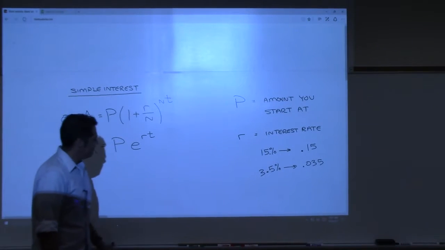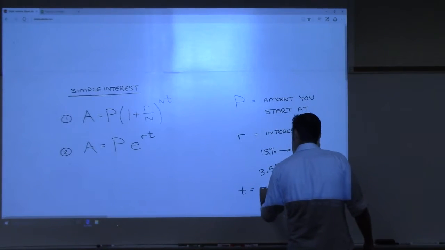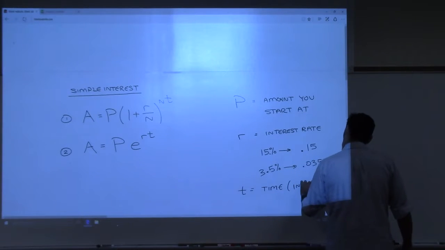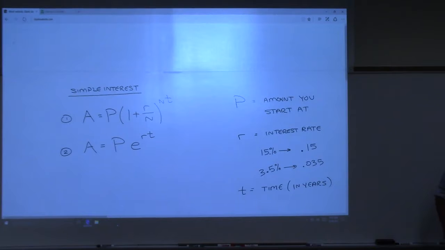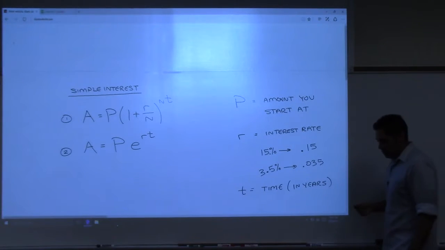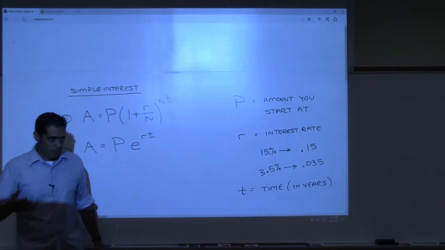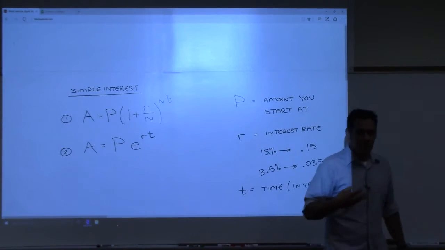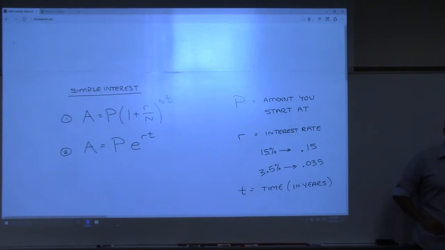What else is in here? Let's go with T. T's in both formulas, right? T's time. And it's always measured in years. So why is time important? Well, let's say that you're going to borrow $1,000 from the bank at 15% interest, and you're going to borrow it for 4 years.